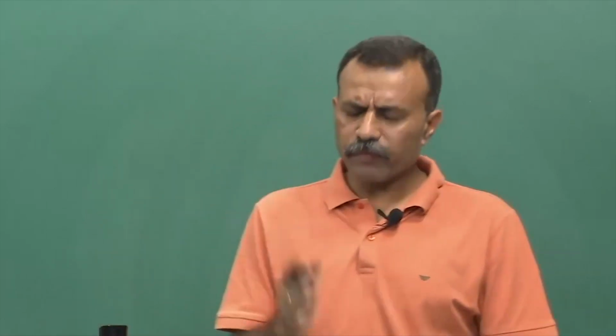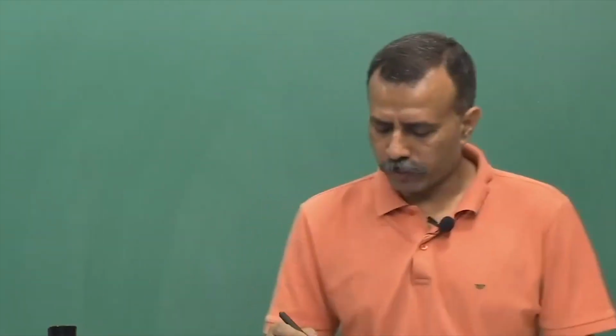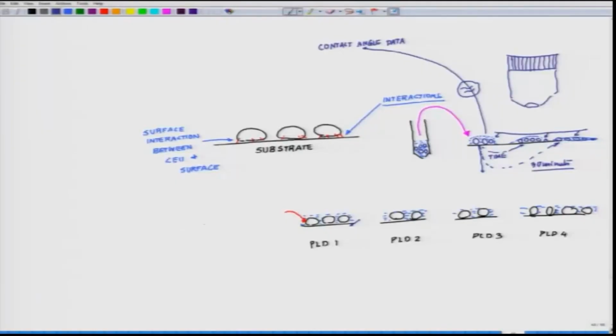But if they have to attach, and you tilt this dish a little bit, what I am suggesting is, say for example, here is the dish where you are growing, and you have a cover slip which is coated with your XYZ substrate, and you have these cells here, and now you just tilt the dish a little bit like this.